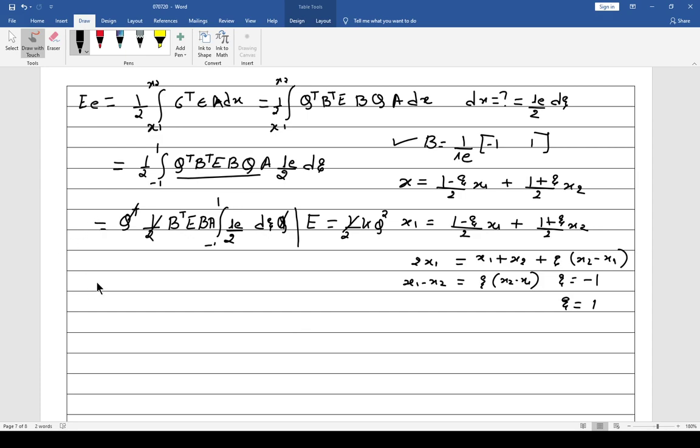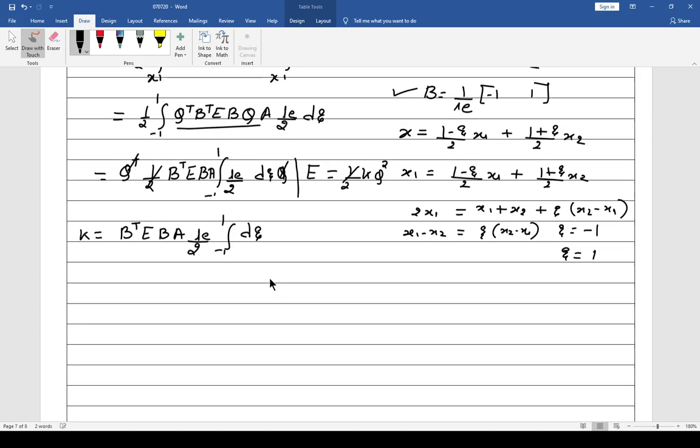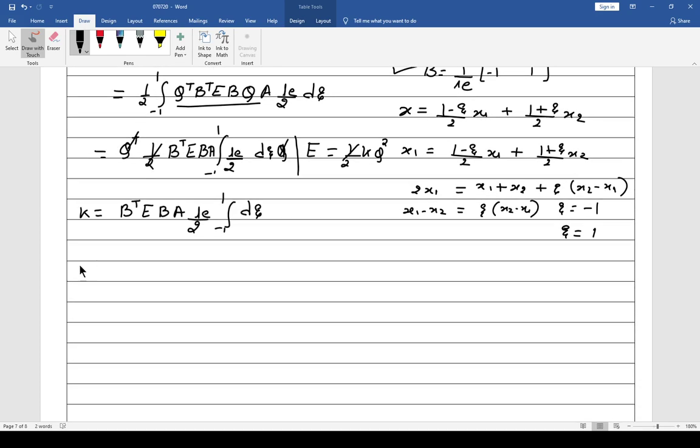So my stiffness matrix K in this case will be B transpose E B A LE by 2, integration from minus 1 to 1, d xi. Okay, so each and every term is known to me.